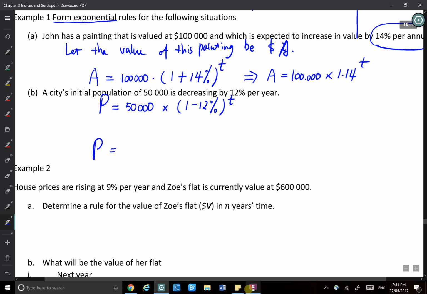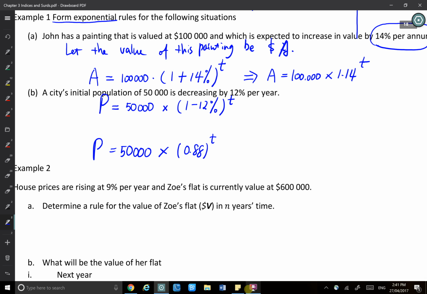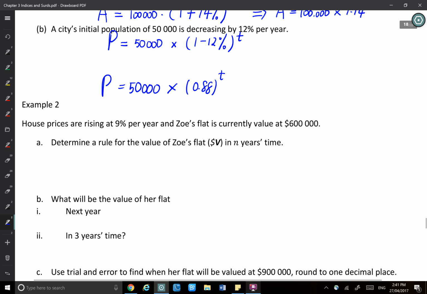So P equals 50,000 times 0.88 to the power of t. 12% is 0.12, and 1 minus 0.12 is 0.88.